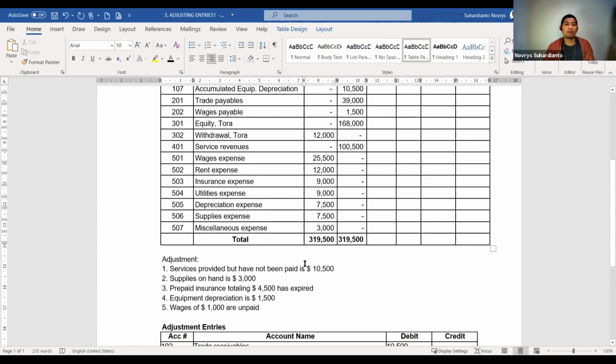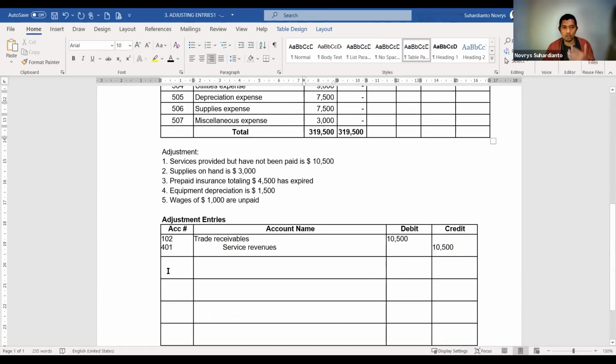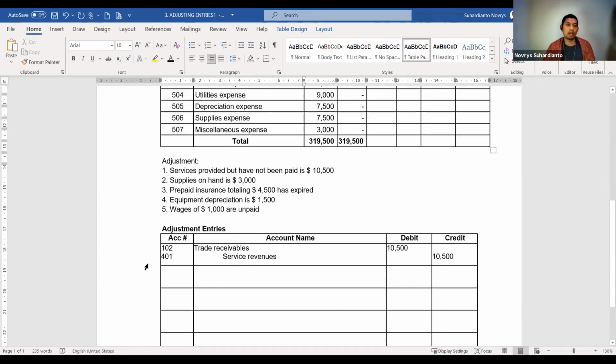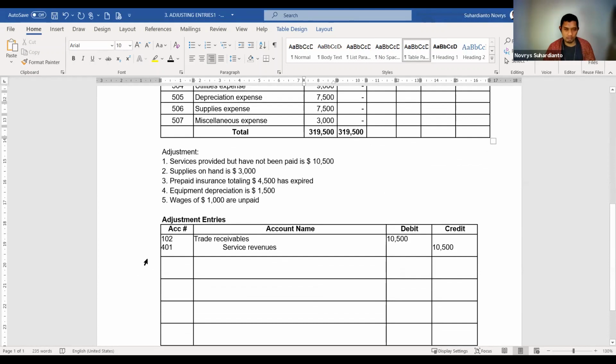Right? So because the business already consumed 1,500, we have to make an adjustment.